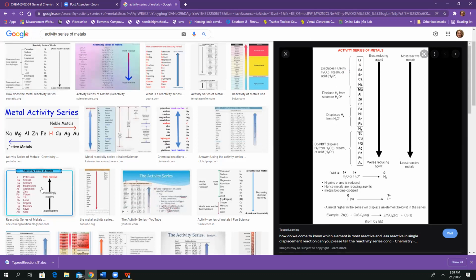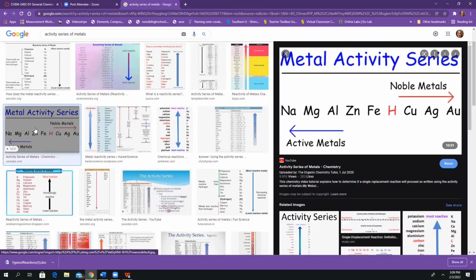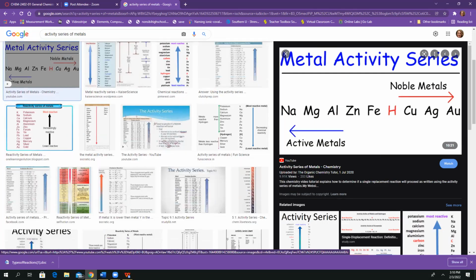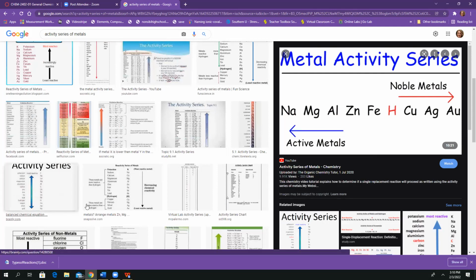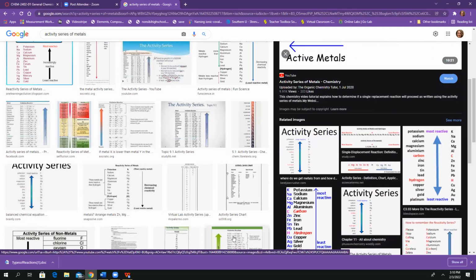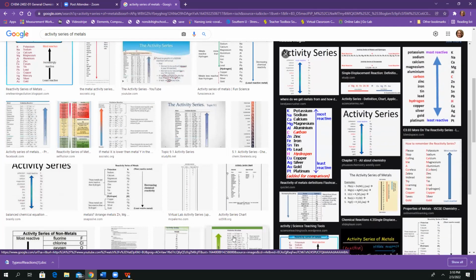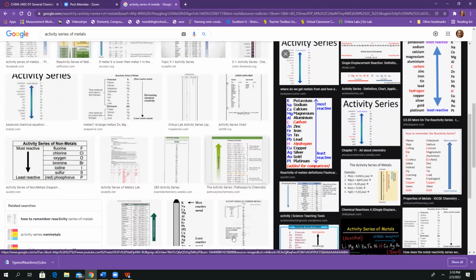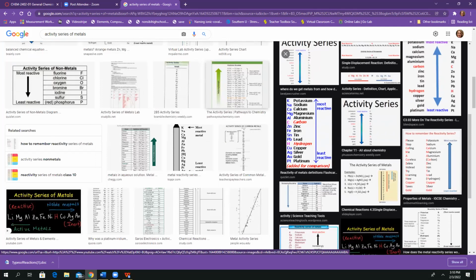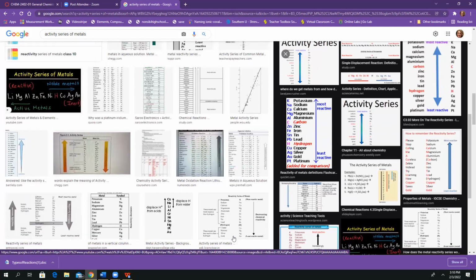Let me look. Okay, this is another one here, but that is not the one we want either. I want the one where it said the ones that would react with cold water, the ones that would react with hot water and steam and that kind of stuff. So that's what I'm looking for.